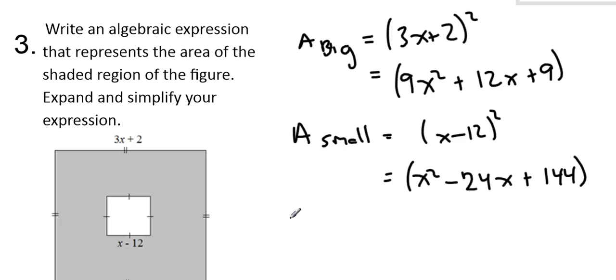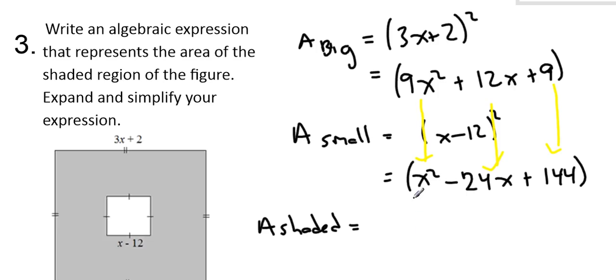So the area of the shaded region is subtract the two of them. I'm actually just going to subtract them visually. It's kind of neat because, for once in my life, I organized something. You can see here that I've lined it up so I can just visually do subtraction like this, the way that once upon a time you may have been taught to subtract binomials.